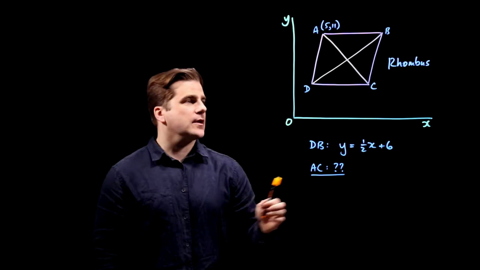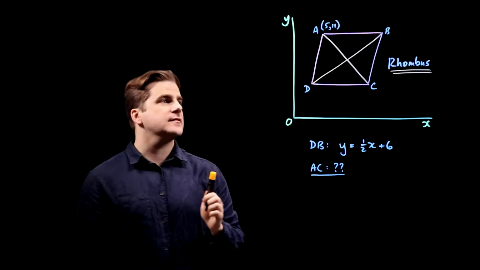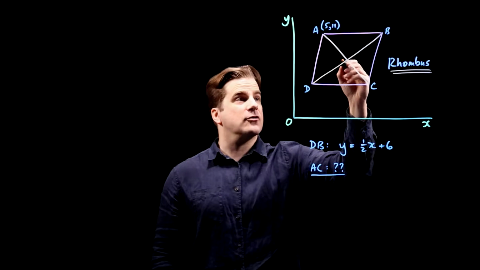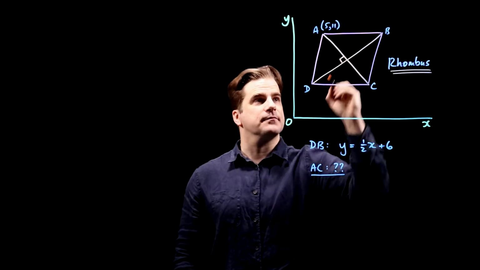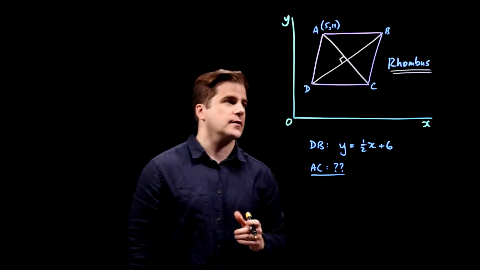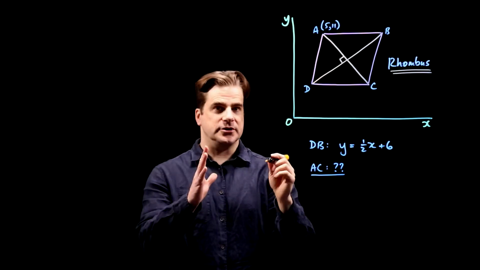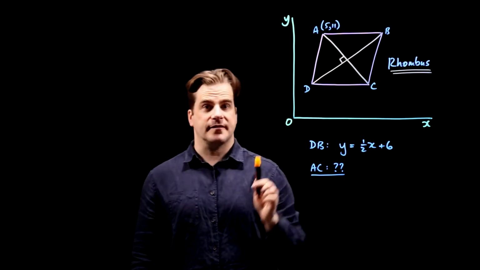Now, this is a rhombus, which means that the two diagonals cross at right angles. You need to know that to solve this problem. A rhombus means that it's diamond shaped, but all four sides are the same length.